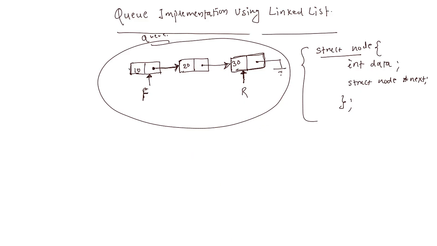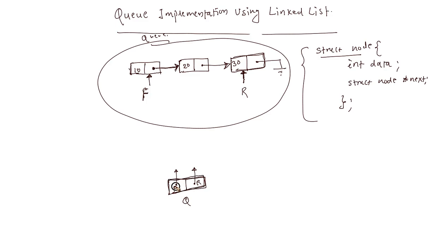I want f and r to be in a single variable, and this variable I will call q. Here, this is f, and this is r. So f is a pointer, r is also a pointer, and these two are put inside a variable called q. And this variable can be created by using an abstract data type.